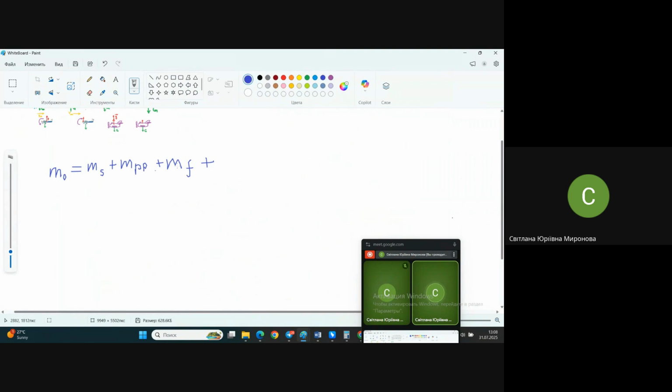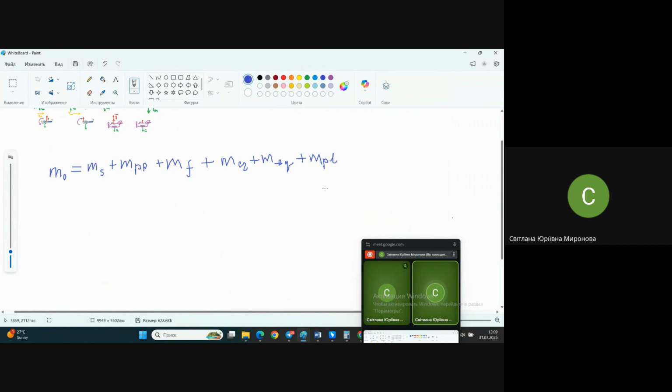Next, what did I say? Crew, and everything that is related to payload, equipment, and payload itself. A very simple idea, actually.